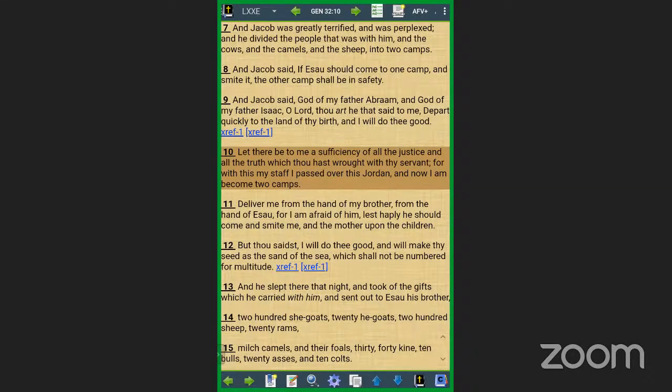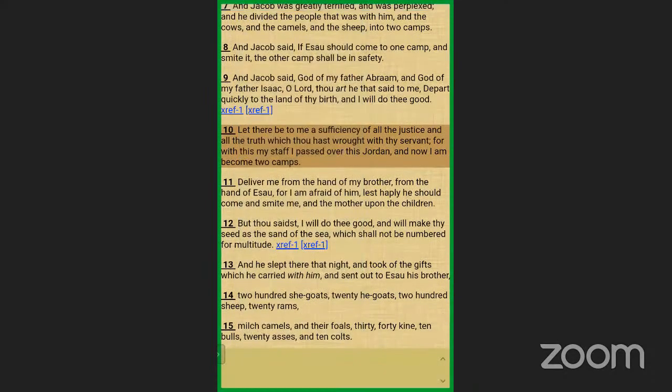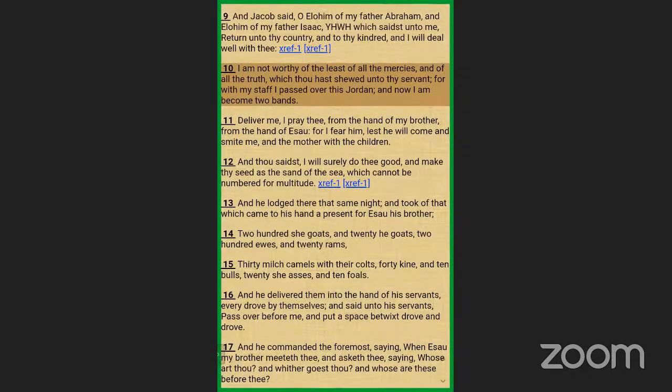I think he's talking to Esau in this context, I think. So the least of all the mercies, all the truth which you have showed unto your servant. Or actually, no, he's talking to Yahuwah here, yeah. This would make sense if he's praying to Yahuwah about this. Yeah, definitely he's praying to Yahuwah.